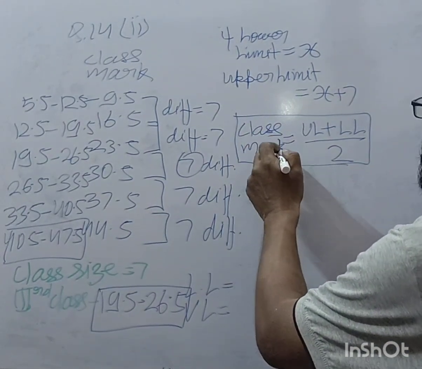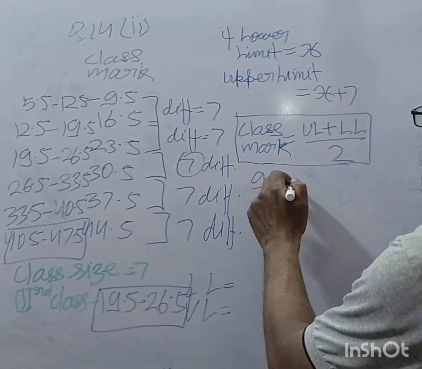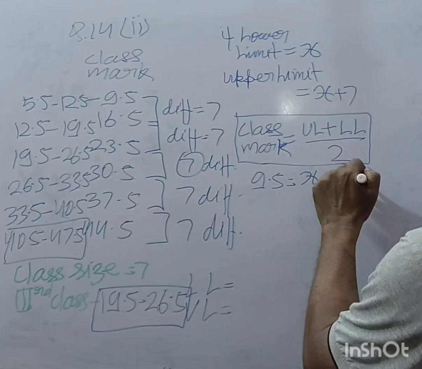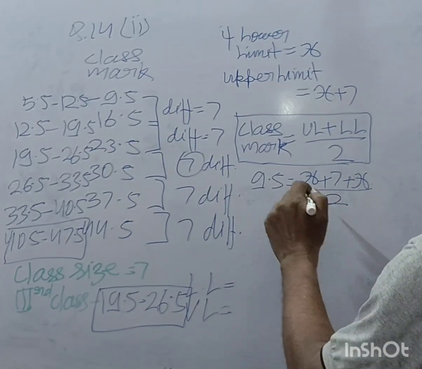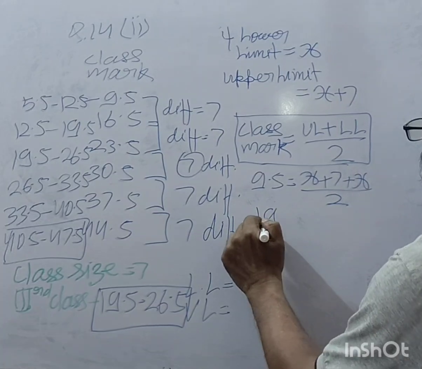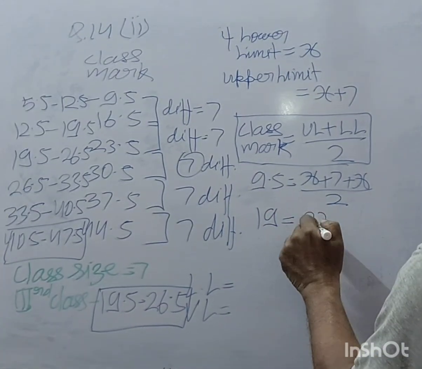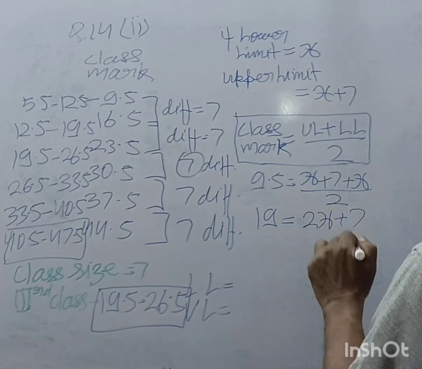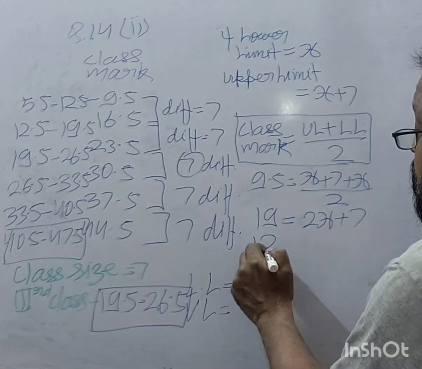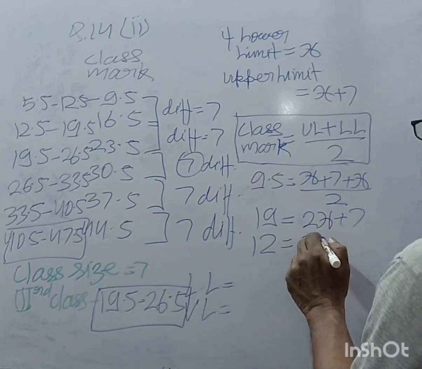Now the class mark is 9.5, which equals x plus 7 plus x upon 2. Cross multiply, it is 19 equals 2x plus 7. Bringing it here, 12 is equal to 2x.